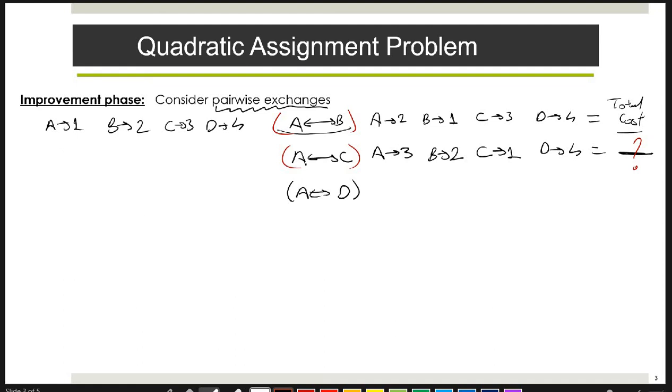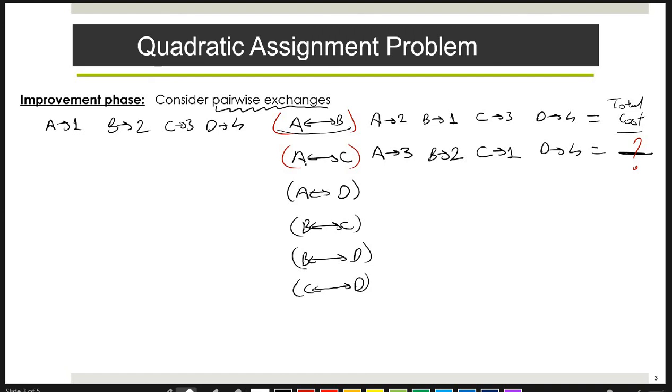What we can do, we can consider replacing B with C and B with D. These are also alternatives. So replace B and C, replace B and D. And also, we can consider replacing C and D, the positions of C and D. So these are all the possible alternatives of changing the locations of a pair of machines.